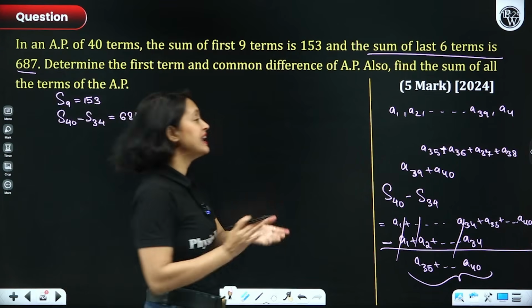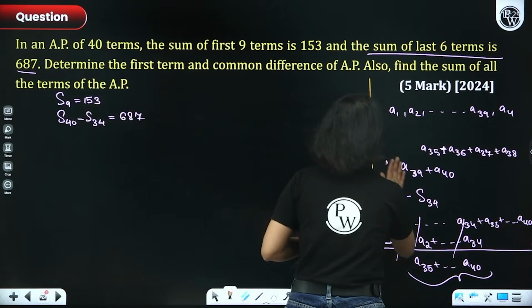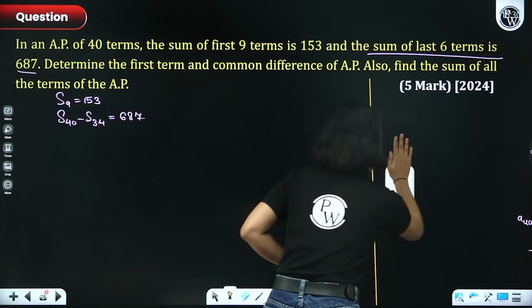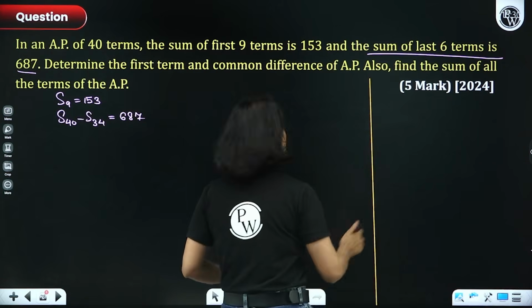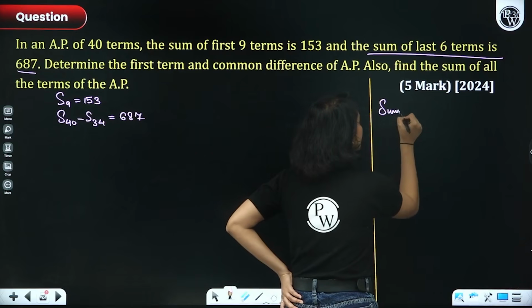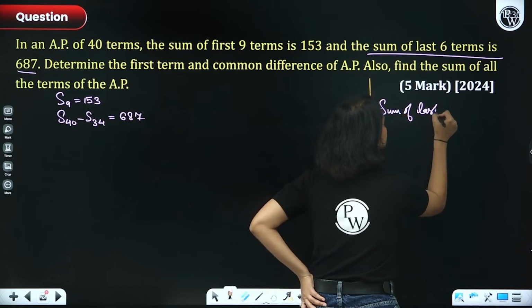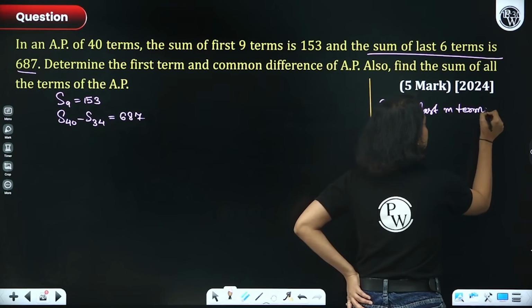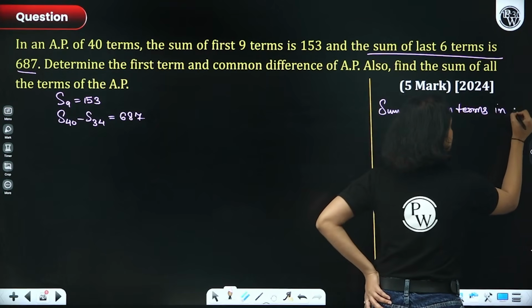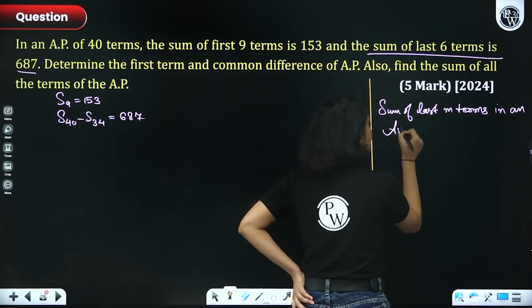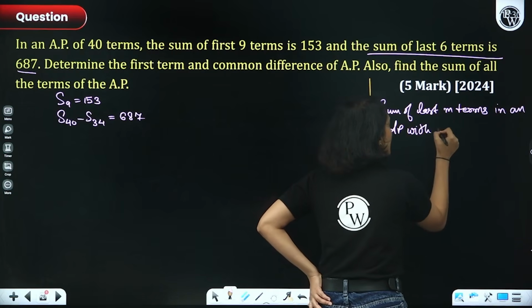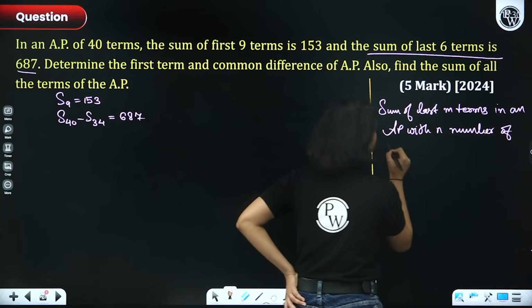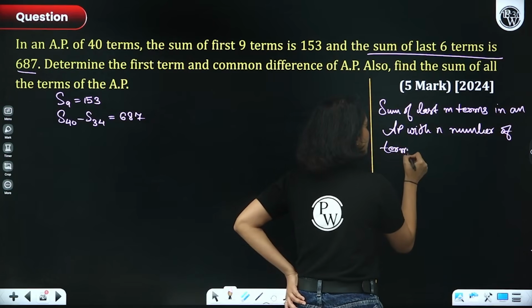So remember, I am erasing this. Instead, I'll write the short trick part. Whenever we are given the sum of last m terms in an AP with n number of terms, how will we rewrite that?